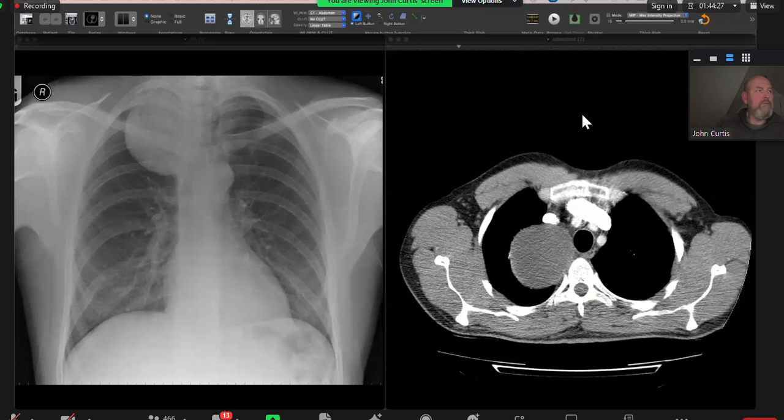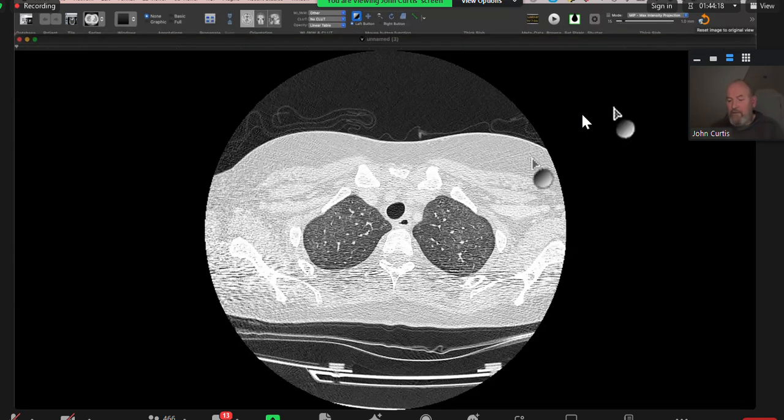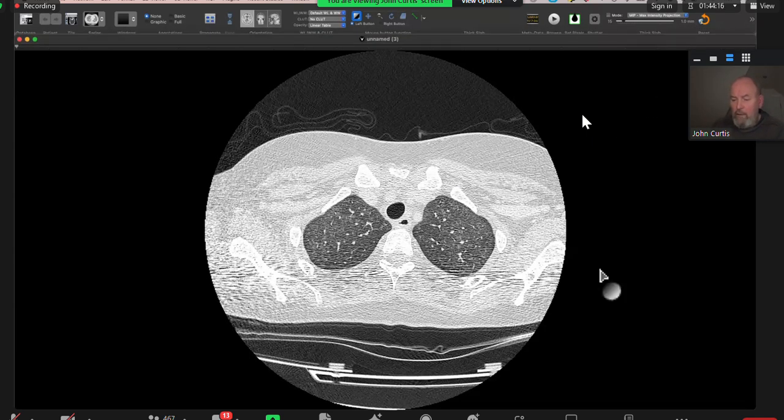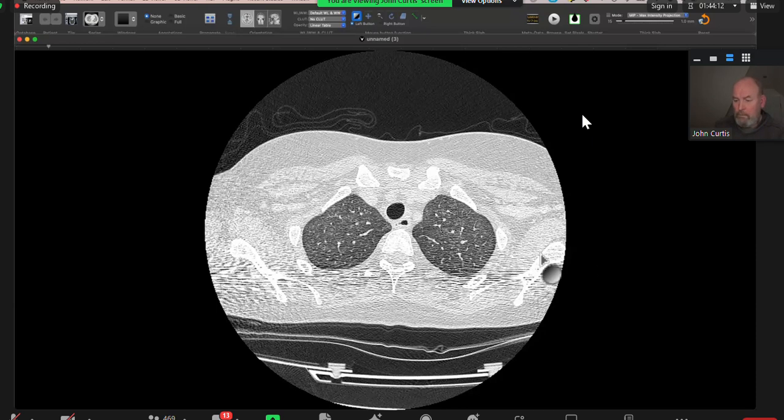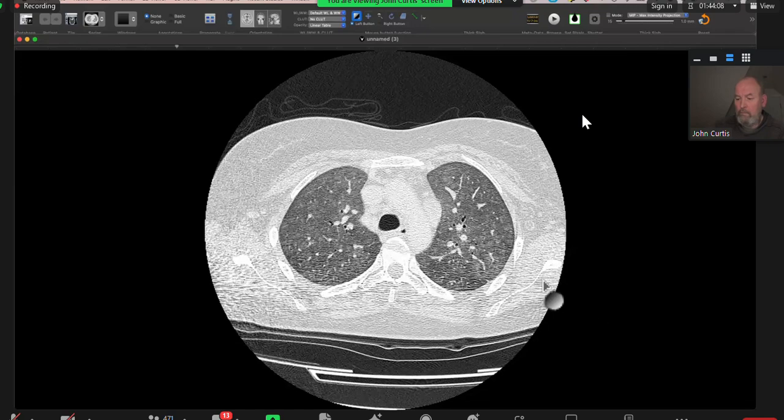Have a look at this one. Okay, this patient has been investigated for episodic dyspnea. Are these scrollable images? Yeah, they are.